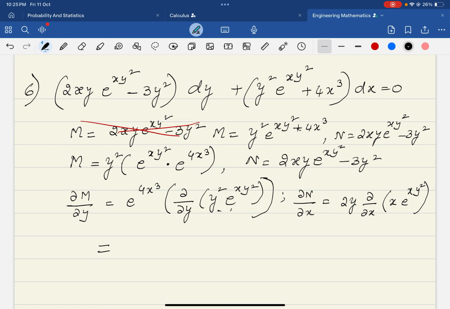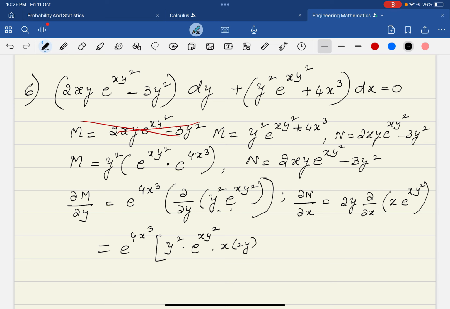So now it gives you e raised to 4x cube into, since dou by dou y has two terms, we use the product rule: y square into the derivative of this, plus e power xy square into the derivative of y square. So it is y square multiplied by e raised to xy square, whose derivative is e raised to xy square, and by the chain rule the derivative of xy square with respect to y is x into 2y.